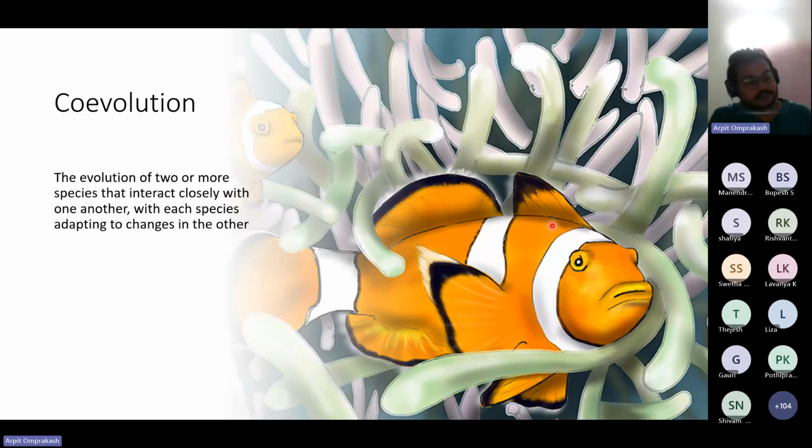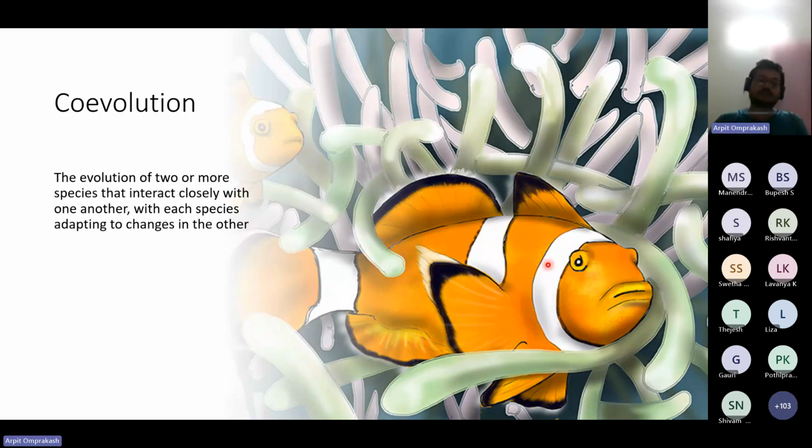And the last thing Sir talked about is called coevolution. Coevolution is the evolution of two or more species that interact closely with one another, with each species adapting to changes in the other species. What does this mean?